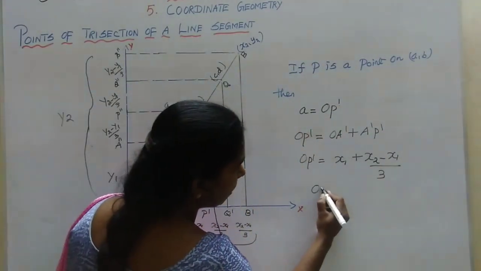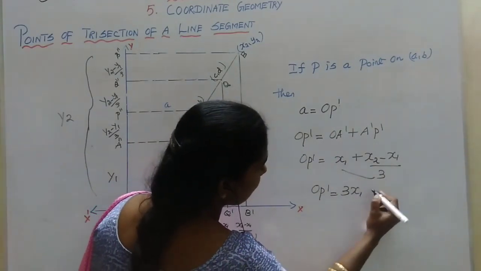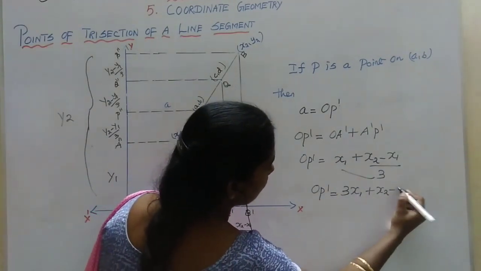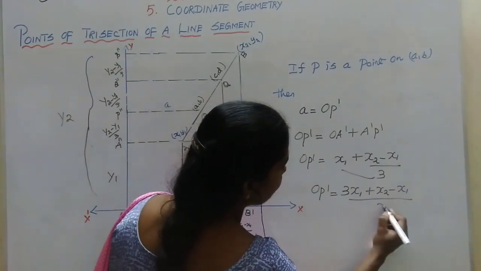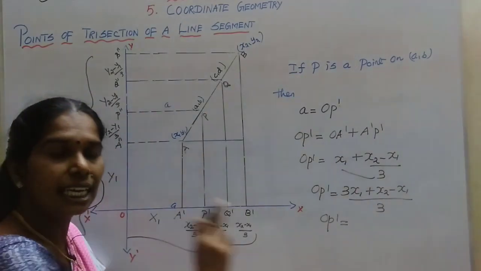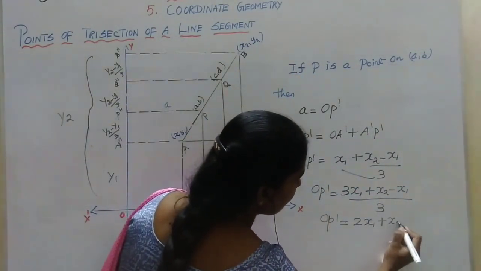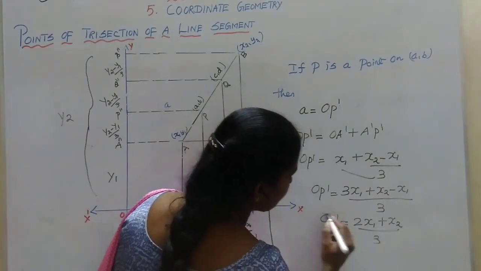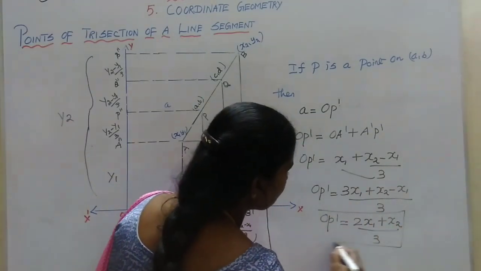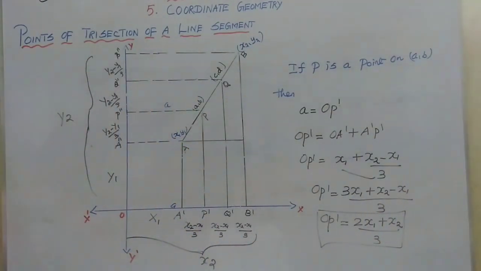Now OP dash is equal to, take LCM, 3x1 plus x2 minus x1 by 3. Then after simplification you are getting 3x1 minus x1, you are getting 2x1 plus x2 by 3. This is OP dash. OP dash means first point A.